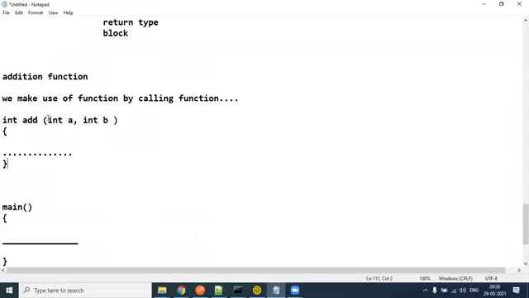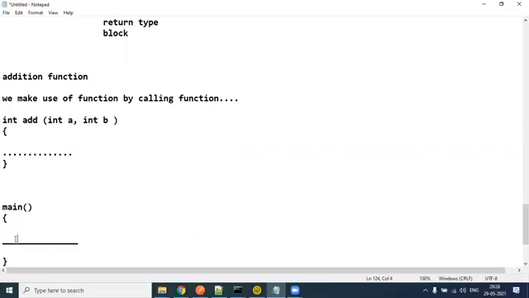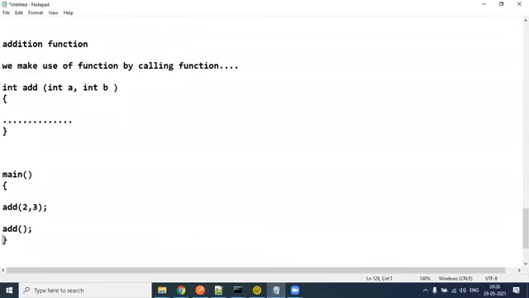I'm deliberately not writing a few things. And now you have to call this function. This is developed by your team lead. How will you do that? In the main function, we have to write the function name add. Okay, add 2, 3, maybe 2, 3, right? Can we write like this also, only add? Will it work?